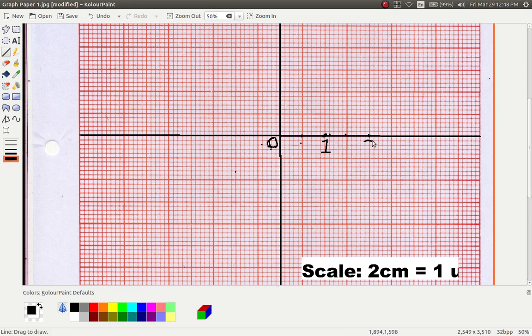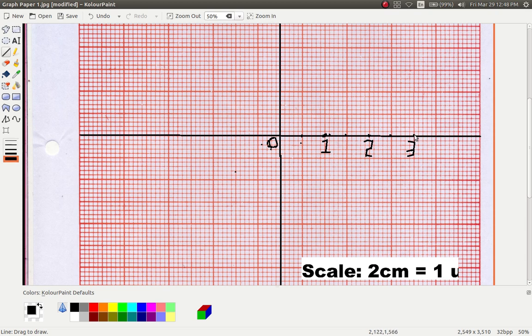So what happens here? I have my 2. Next number. 2 centimeters equal 1 unit. I have 1 centimeter, 2 centimeters. That's 1 more unit. So I go from 2 plus 1 is 3. So the number that should be here is the number 3. 2 centimeters we call 1 unit.